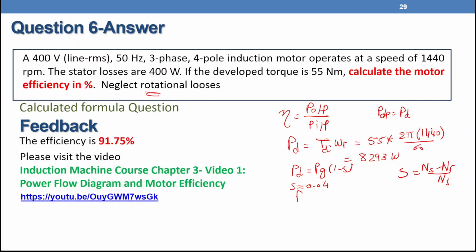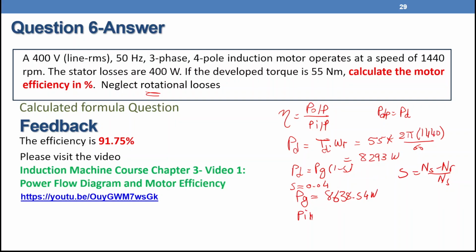So we can calculate the power gap. Power gap in this case will be 8638.54 watt. P gap plus stator loss gives you P input.